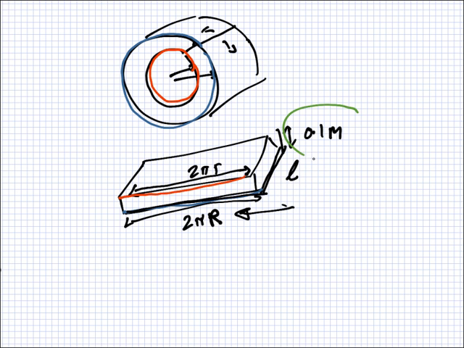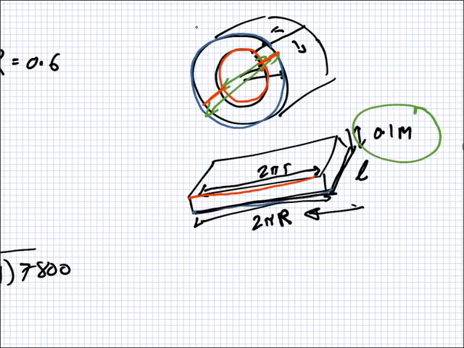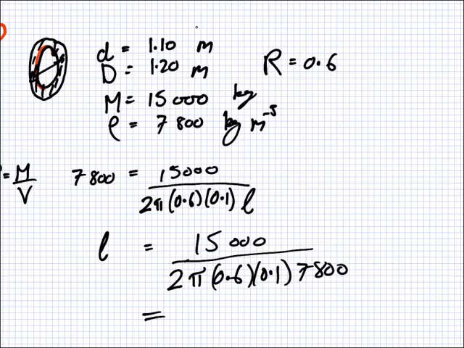Right here. This should have been 0.05. Because from here to here and here to here, the difference is 0.1 for those 2 pieces. 0.05. Right, now that's better.